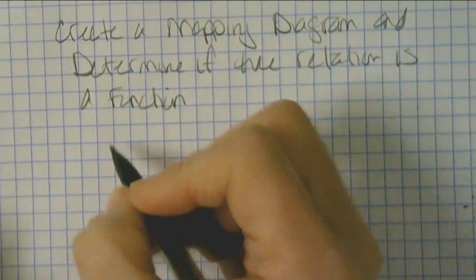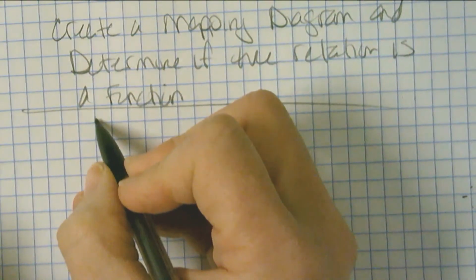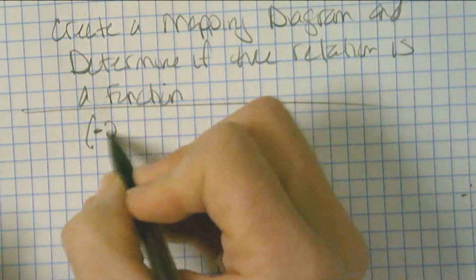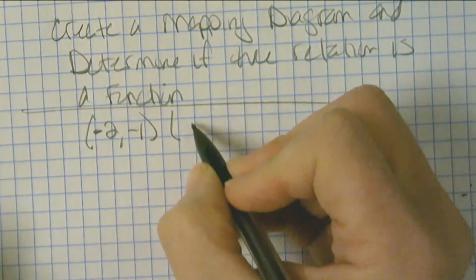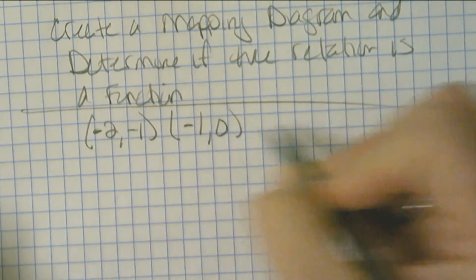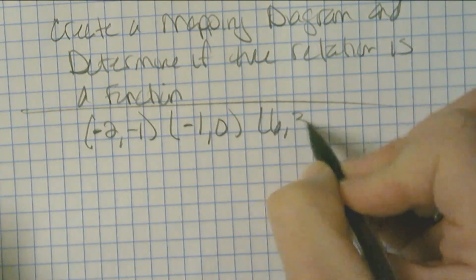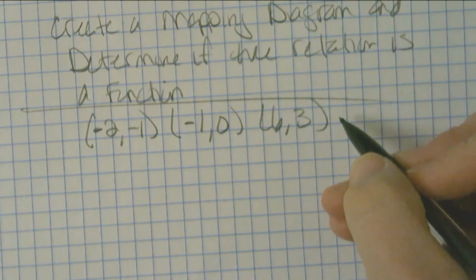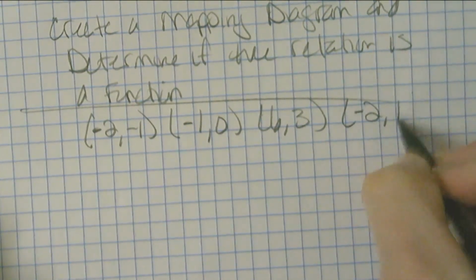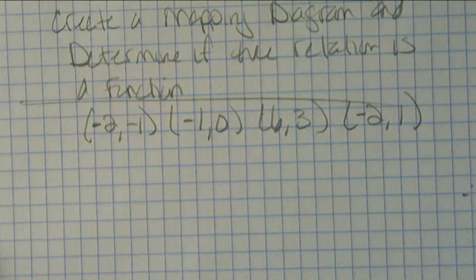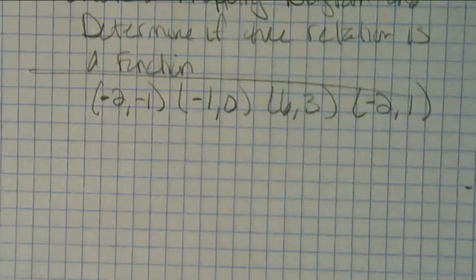So here is my example. I have -2, -1, -1, 0, 6, 3, and -2, 1. So you're all creating a mapping diagram using those coordinate points.